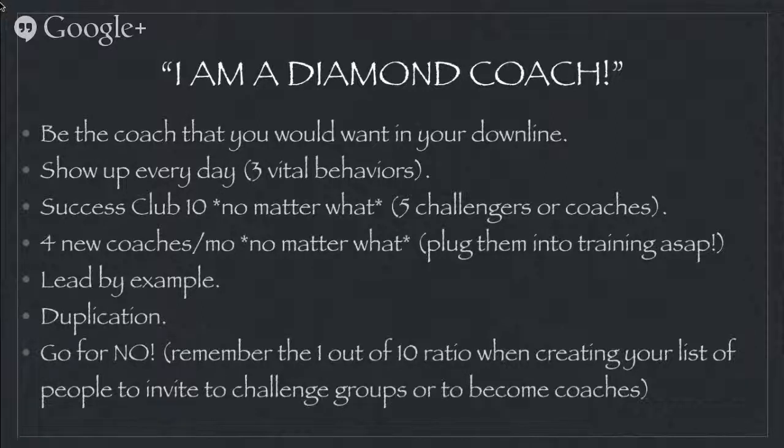And some of those coaches may come from your prior challenge groups, so make sure that you're inviting challengers to the coaching opportunity. If you want to be diamond within the next 3 months, those are the things I would focus on. 3 vital behaviors, Success Club 10, and 4 coaches. And always be the coach that you want your coaches to be.